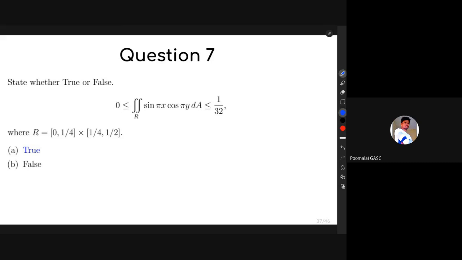This is part of the previous to previous assignment.